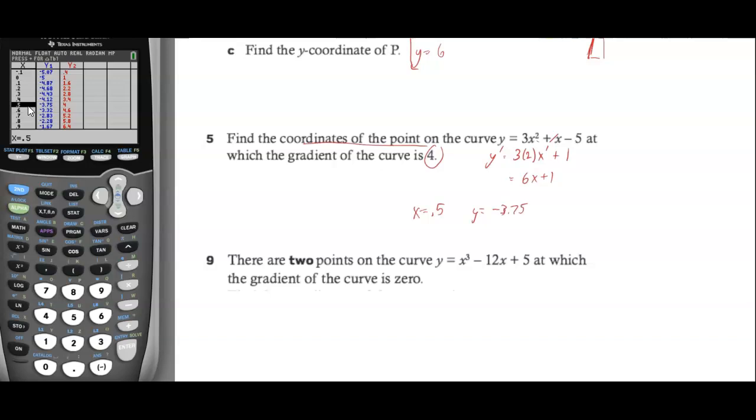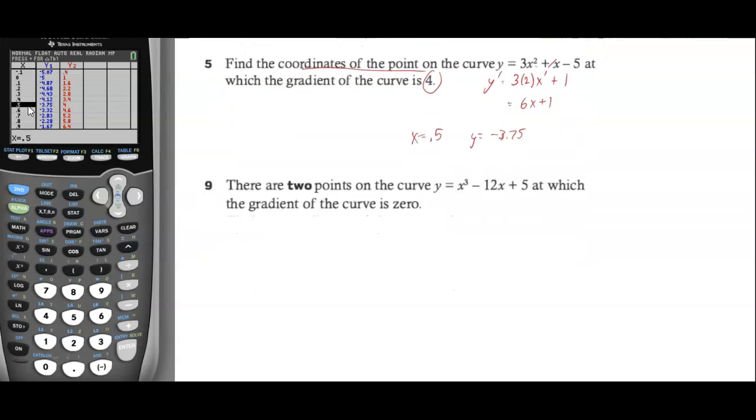Okay, great. Number 9. There are 2 points on the curve, and this has a cubed in it and everything. Let's type this one into the calculator. There's 2 points that have a gradient of 0. So it says find both points. Okay.